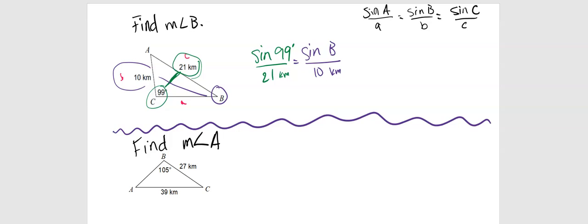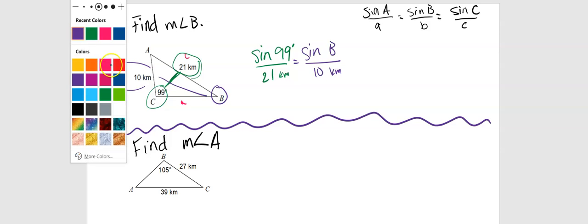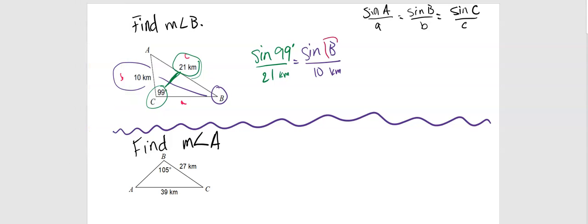So 10 kilometers. A reminder that I am trying to find the measure of angle B. Somehow, some way, I'm going to need to get that angle measure all by itself.